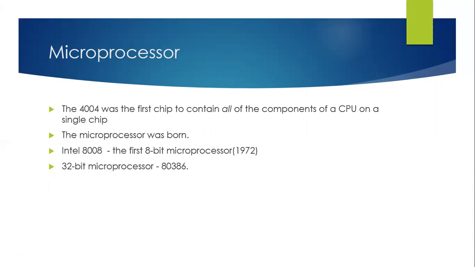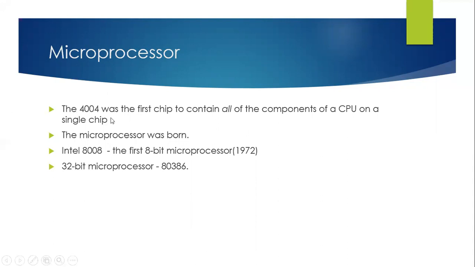Then after that, the microprocessor was born. When I'm talking about a microprocessor, all the components of a CPU lie on a single chip. That's why it is called a microprocessor.